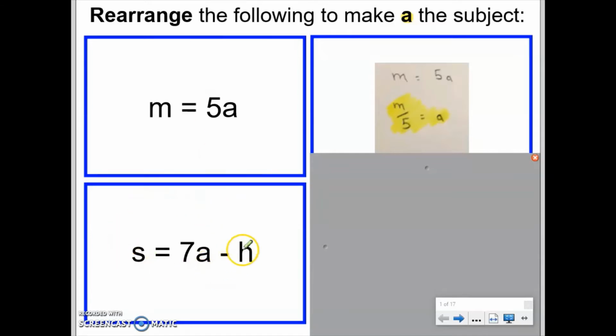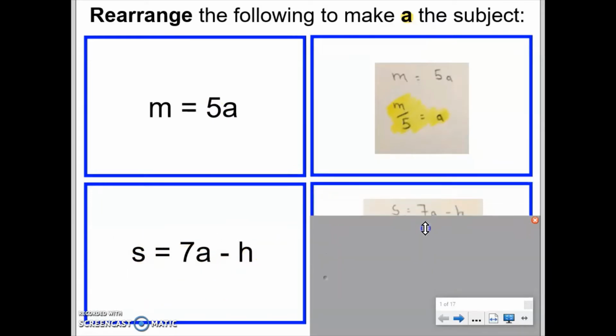If I wanted to make A the subject of this formula, there's my question. The first thing I'm going to do is add h to this side, and at the same time add h to this side. So it's going to look like that.